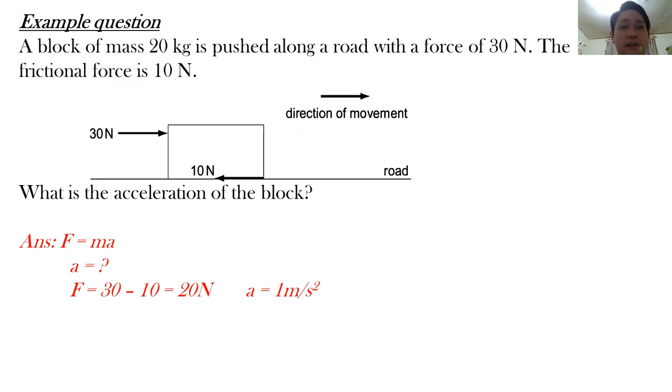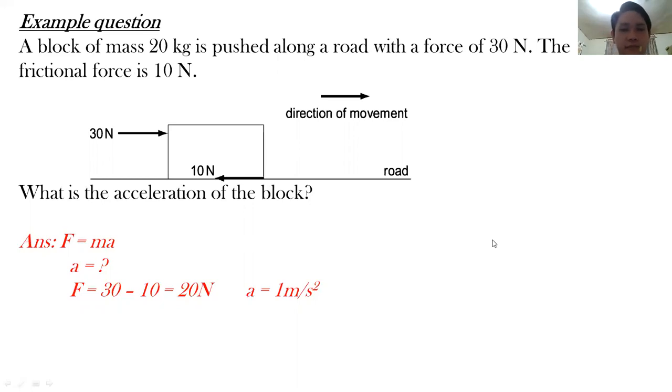When you push your block of mass 20 kilograms along a road with a force of 30 Newton, considering the frictional force, which is 10 Newton, to get your resultant force we subtract 10 Newton from 30 Newton since they are in opposite directions. So 30 minus 10 gives you 20 Newton, and that is the value of your F.